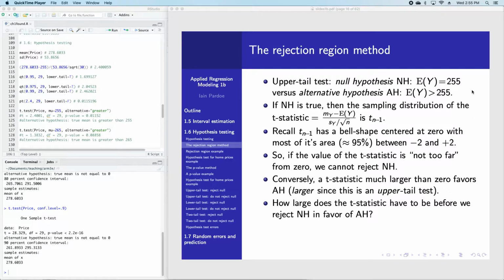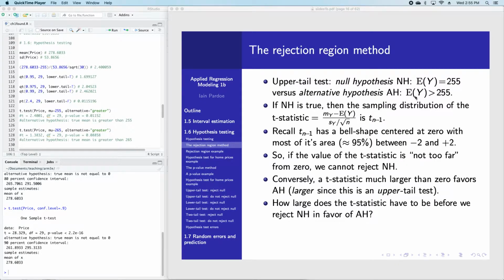So for an upper tail test, the first step for any hypothesis test is writing down the null hypothesis and the alternative hypothesis. For this example, the null hypothesis is that the population mean is 255, and we're doing an upper tail test, so the alternative hypothesis says the population mean is greater than 255.